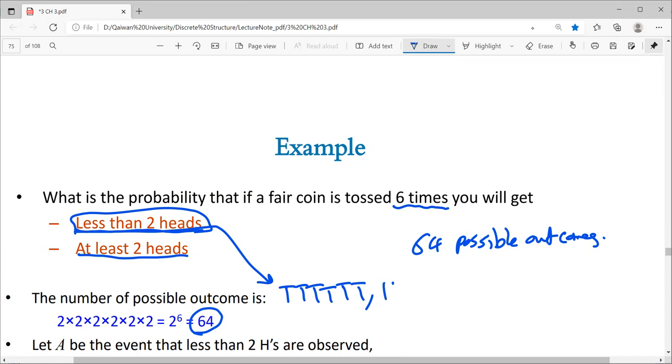So make the first flip head and the others tail. Make the second time head and the others tail. Make the third time head, and the others tail.